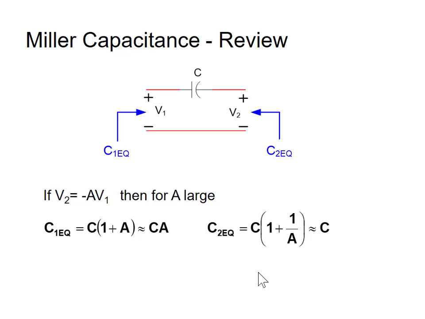You can show, we'll do it in just a minute, that this is equivalent to a capacitor that's value AC. So that's called a capacitor multiplier. You take a small capacitor and multiply it. We can do the same things with inductors, and we can get inductor multipliers and so forth.